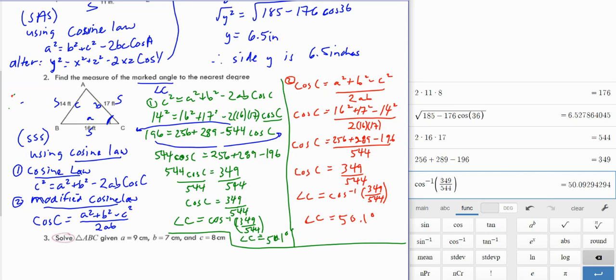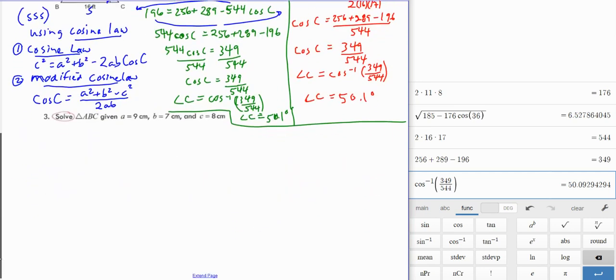Let's take a triangle that we start from scratch and we solve the whole thing. Okay, so we're going to solve ABC given that we have this information. We know A, we know B, and we know C. So this is going to be a side, side, side.